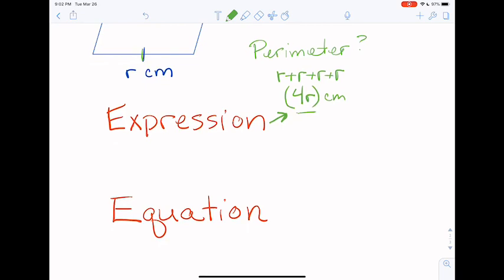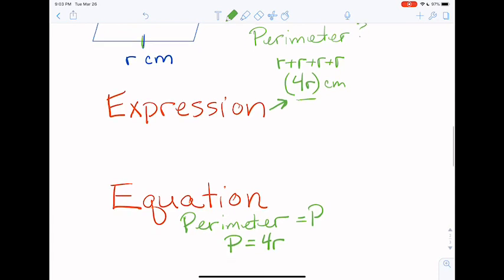Now, if we wanted to make that an equation, we could say, well, our perimeter, we're going to represent that as P. We're going to call it P. So now we're going to say P equals that r plus r plus r plus r, or 4r centimeters.